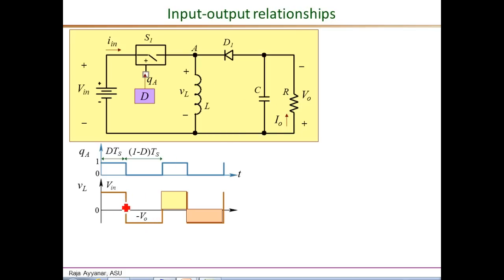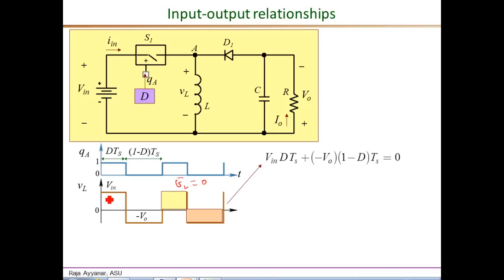So VL switches between Vin and minus VO, and from this waveform we can derive the input-output relationship using the volt-second balance for the inductor voltage. So essentially we say that VL average is equal to 0 in steady state, and VL average is given by this expression.